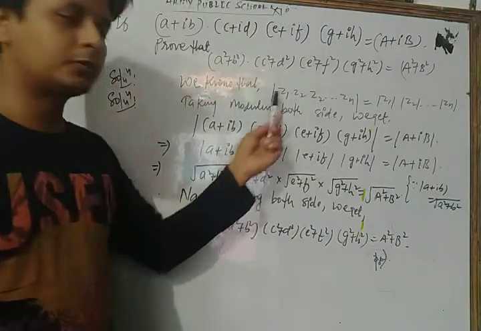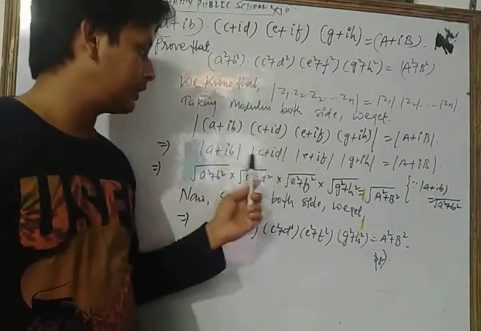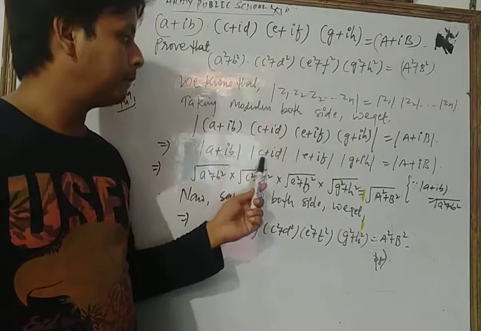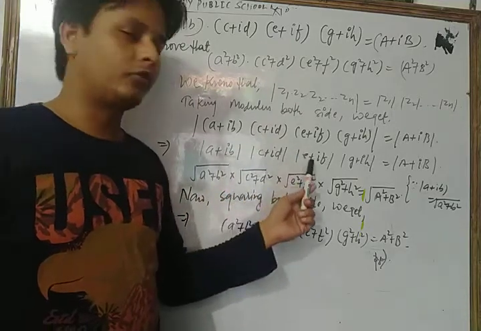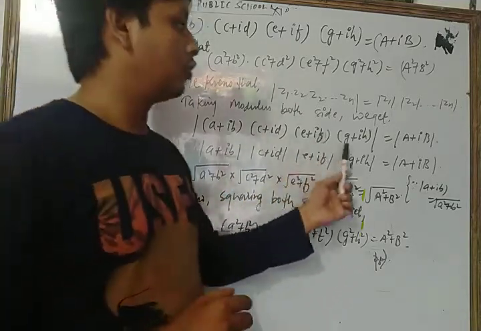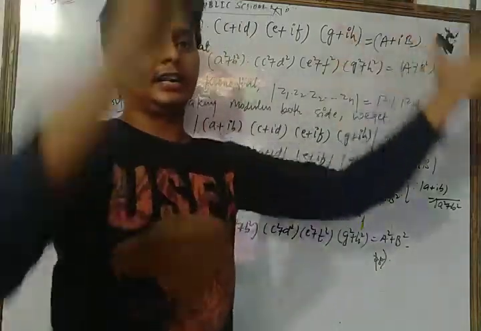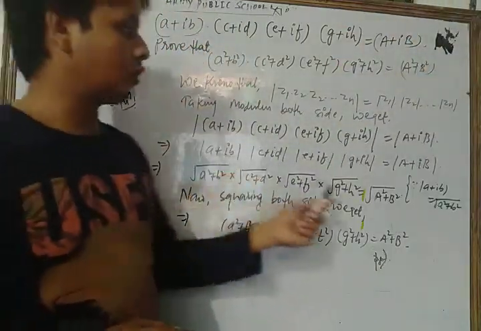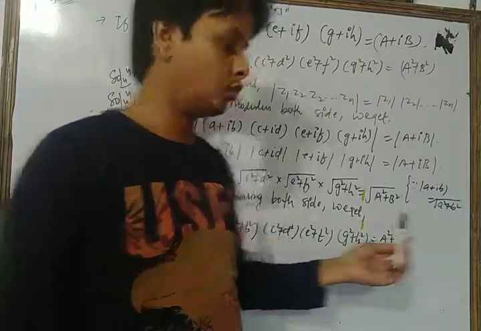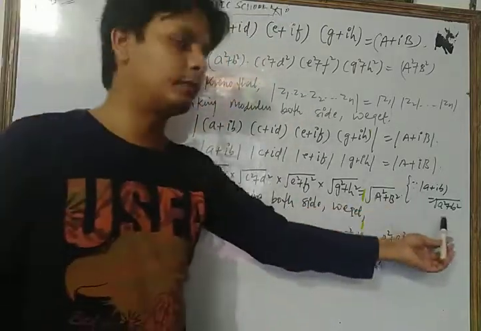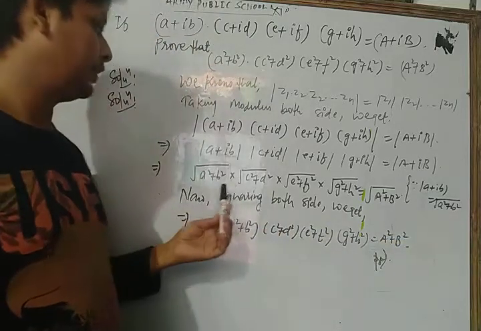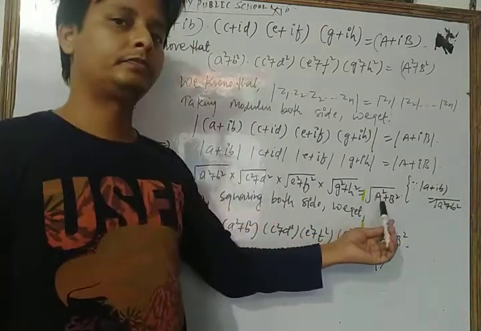So using this property, we write mod of a plus ib, mod of c plus id, mod of e plus if and mod of g plus ih is equal to mod of a plus ib, writing RHS as it is. So using the concept of modulus of any complex number, we write this in that form.